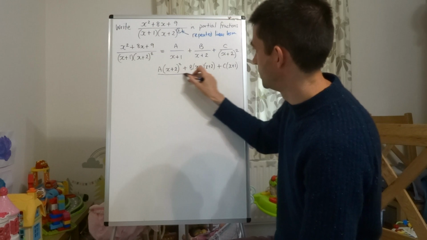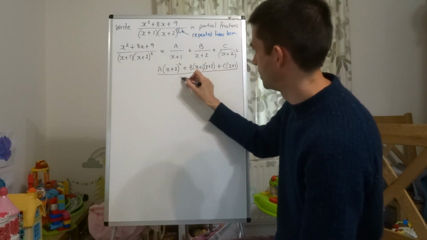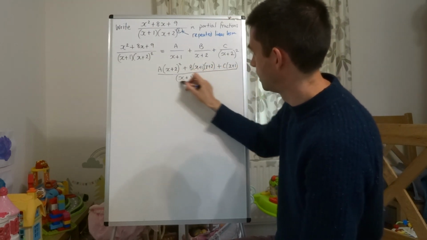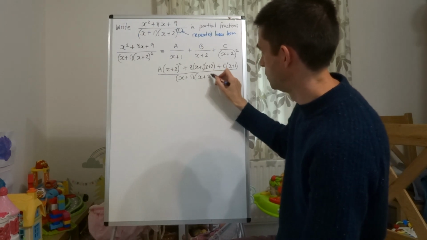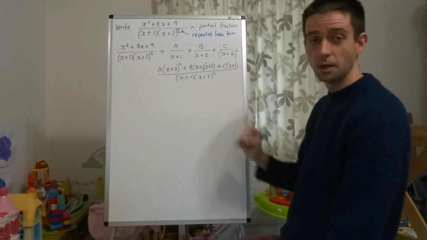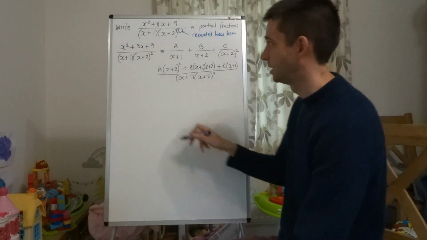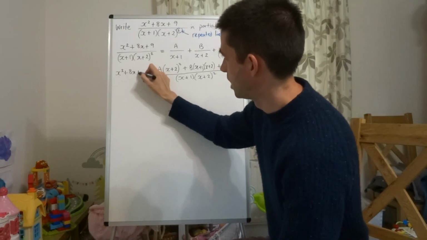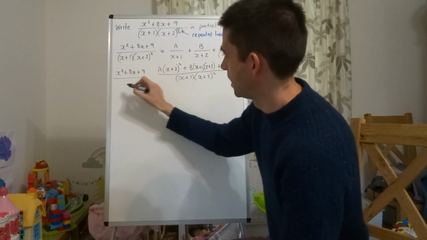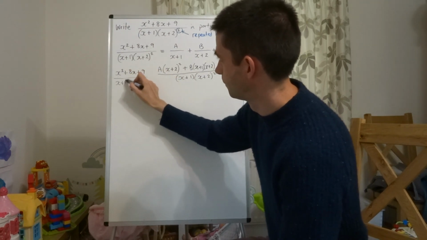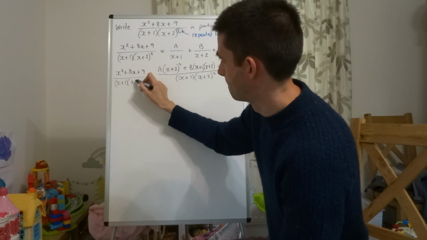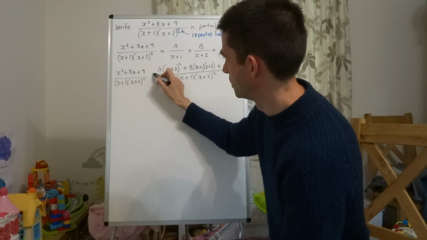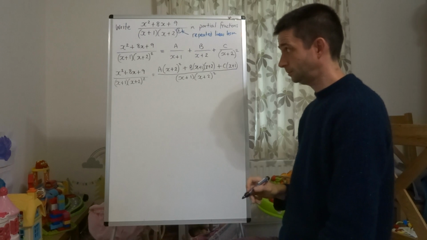So as I did with the last example, that whole thing is going to be over the same denominator, (x plus 1)(x plus 2) all squared, because we're adding those 3 fractions with their common denominator. And that is equivalent to my original expression, (x squared plus 8x plus 9) over (x plus 1) times (x plus 2) all squared.